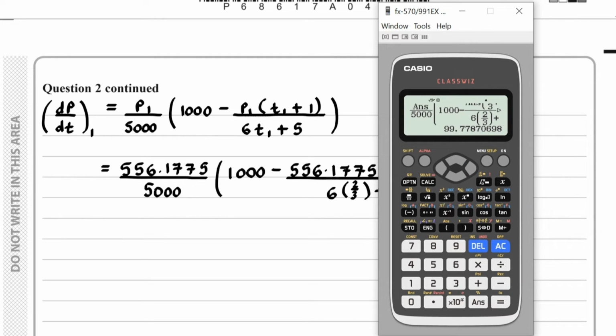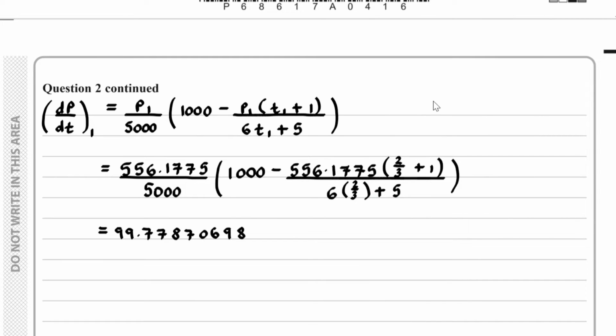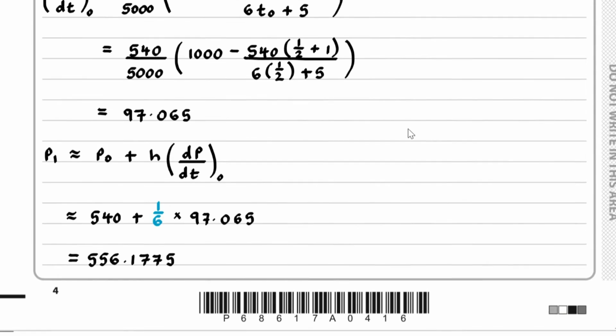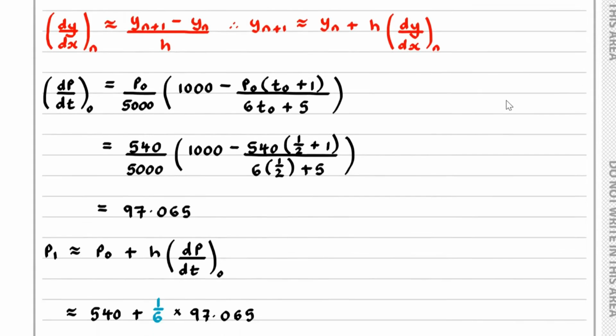So what we end up with is a value of 99.778706980. So now that we know what dP/dt_1 is, what we can now do is find out what P2 is using the iterative formula.